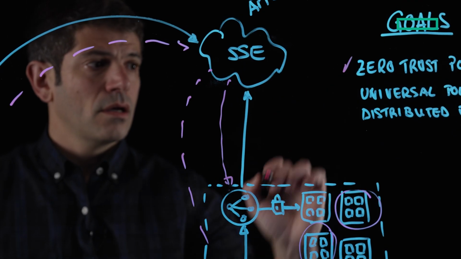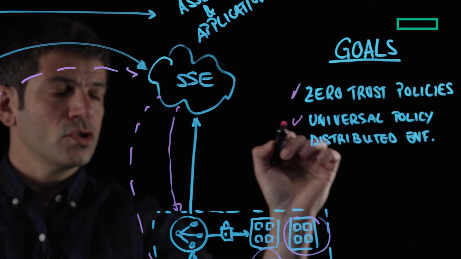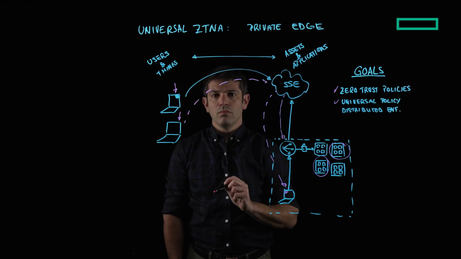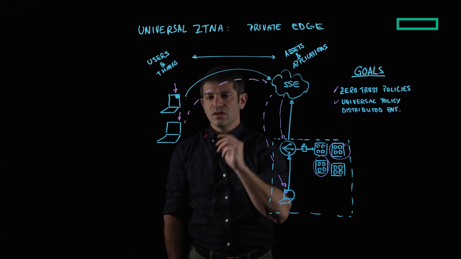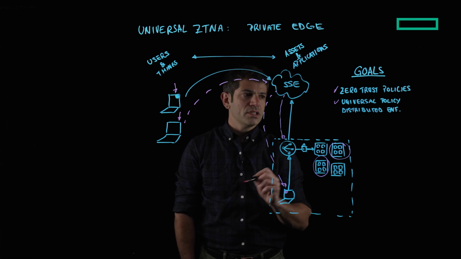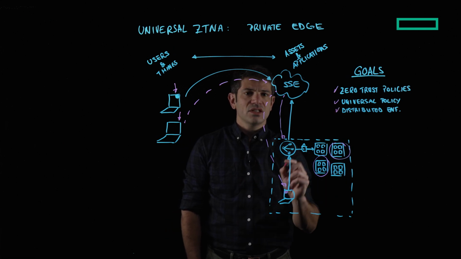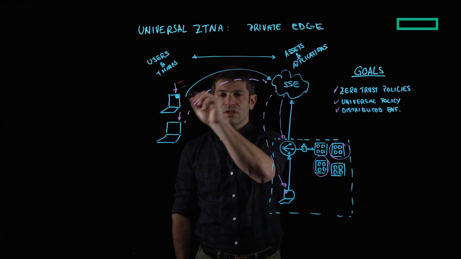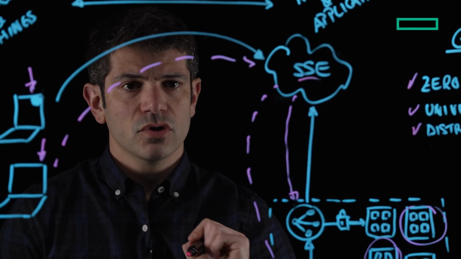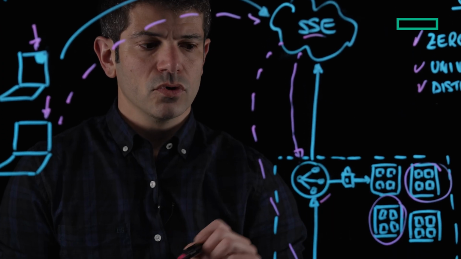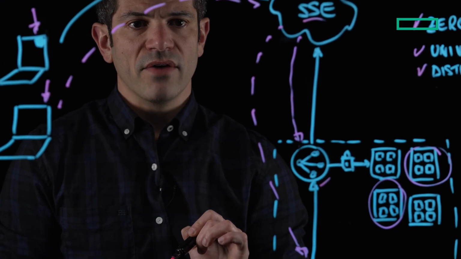You get a unique policy for application access, both for your users, agent and agentless that are remote, and for your users that are on site. And you get a distributed enforcement so that we enforce where it makes more sense. If you're outside the network, we're going to enforce directly in our SSC cloud. If you're inside the network, we will enforce in the private edge.